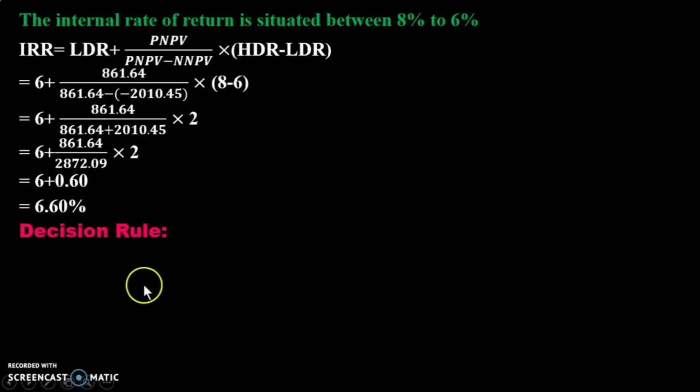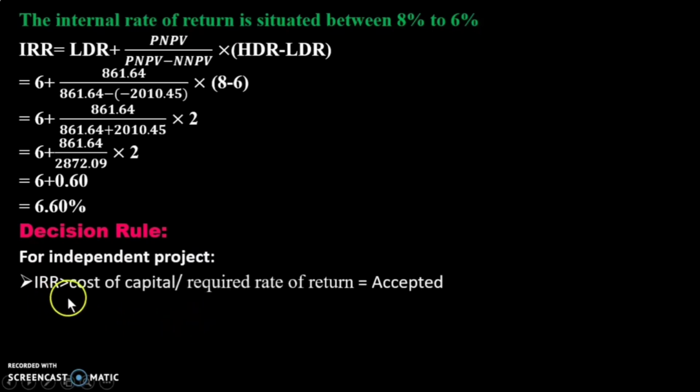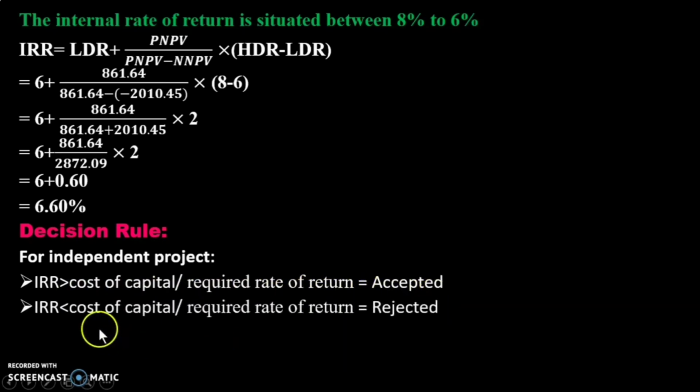Now the decision is: for an independent project, IRR higher than cost of capital or required rate of return means accepted. Otherwise, IRR less than cost of capital or required rate of return will be rejected.